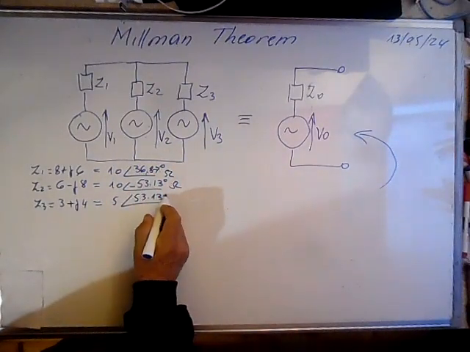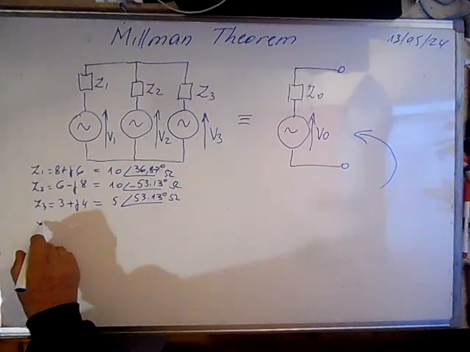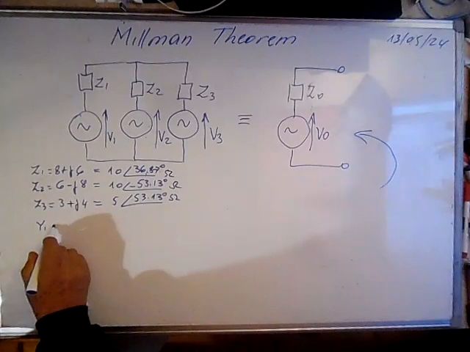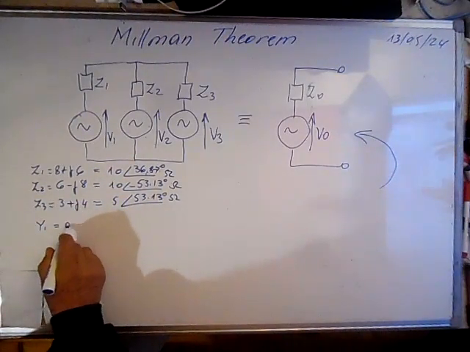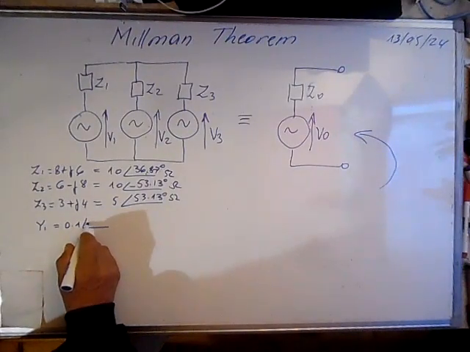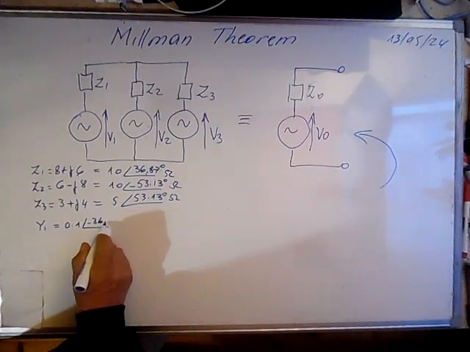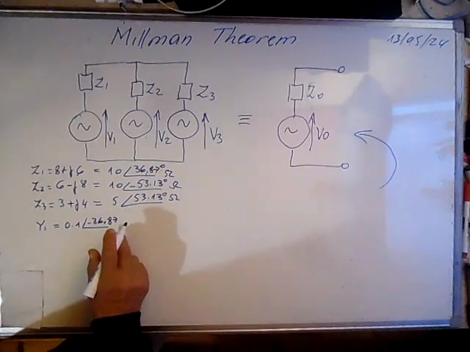And the admittance Y1 is equal to 1 over Z1, it means we have 0.1 at minus 36.87 degrees Siemens.